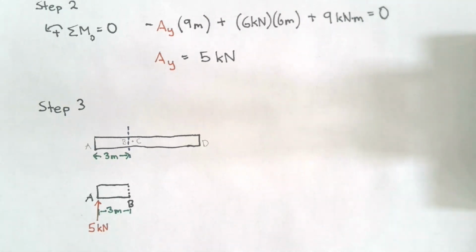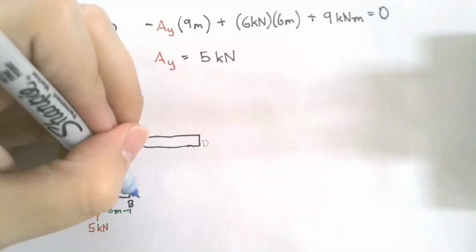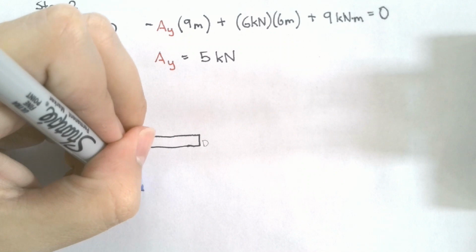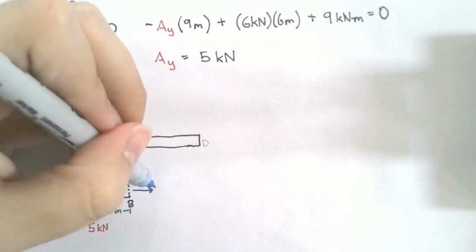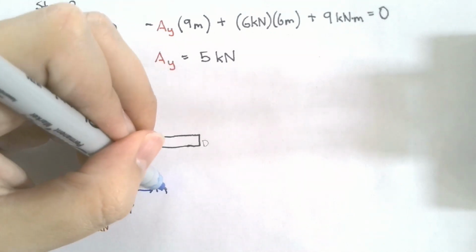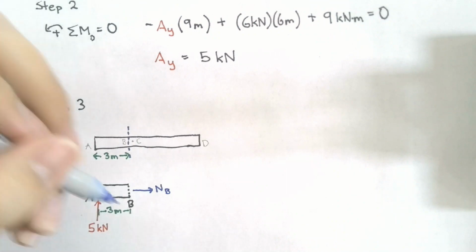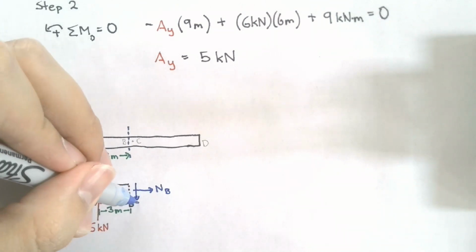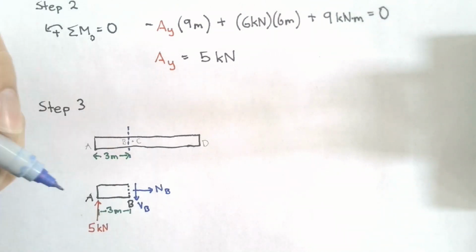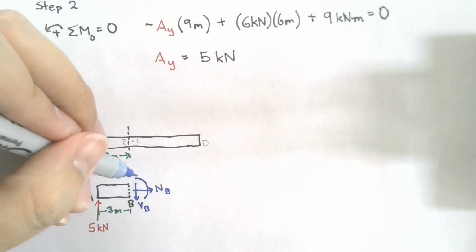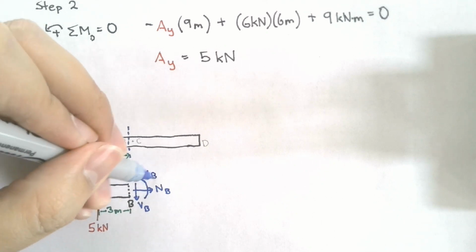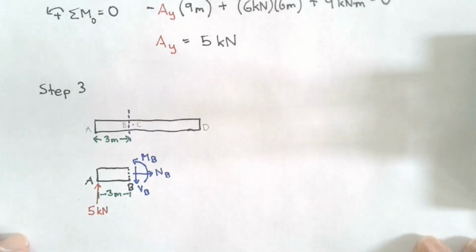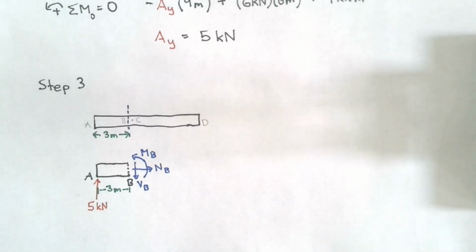So now that we've identified all of our external forces, we can start to identify our internal forces. If you remember from the lecture video, we will have 3 internal forces: a normal force, a shear force, and a bending moment. If you don't remember the sign convention, have a review of the lecture and of the textbook.